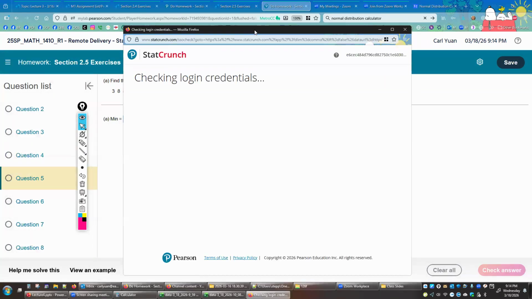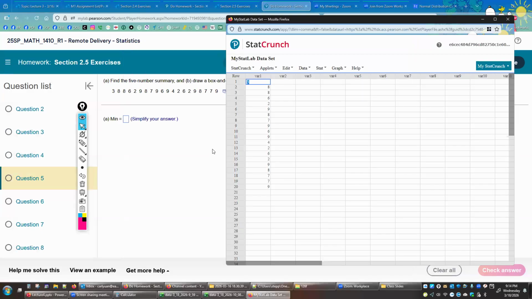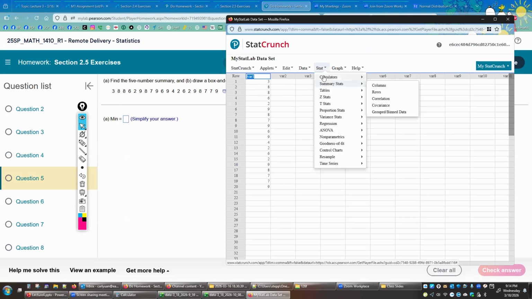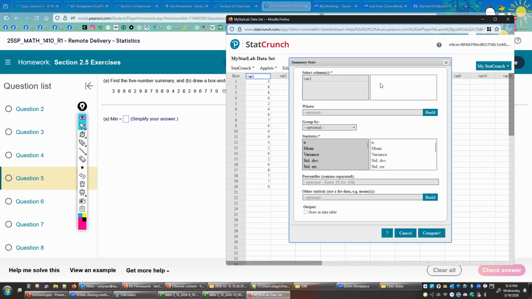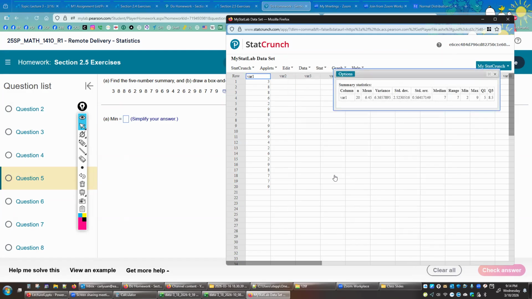The data is going to load onto the first column of the table. Then I'm going to do the summary stats. So click on stat, click on summary stats, click on columns. I'm going to click on var1. This should have everything I need. Yeah, it has Q1 and Q3. So let's click on compute.